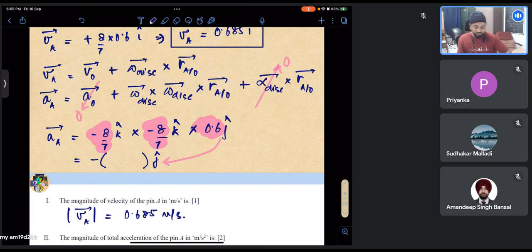For quick calculation, you can do that. So it is minus 8 by 7 squared into 0.6. Negative of that. So it comes out to minus 0.78 j cap. So acceleration of A comes to minus 0.78 j cap.